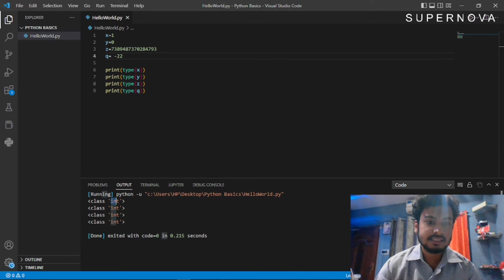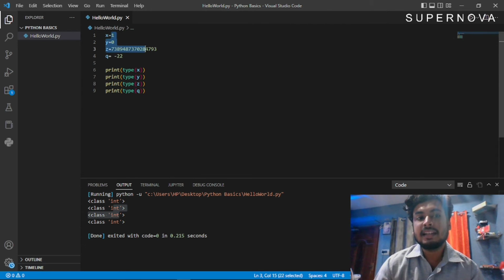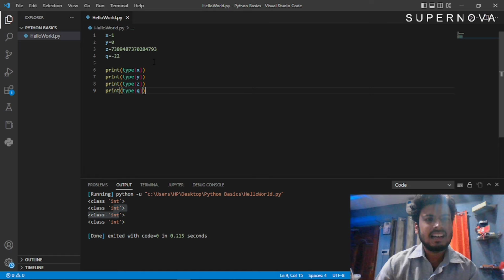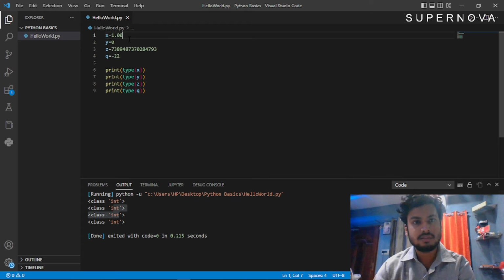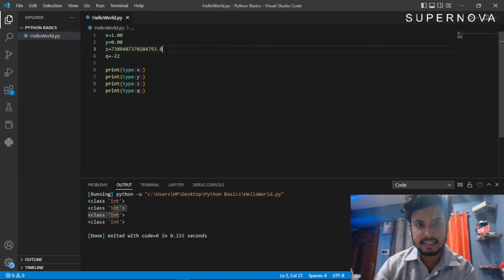See, the class is integer. So what we can see is, any positive number is an integer, and even any negative number is also an integer. Now let's test something else, like 1.00, then 0.00, then 0.89 and 0.99. Now let's run it.